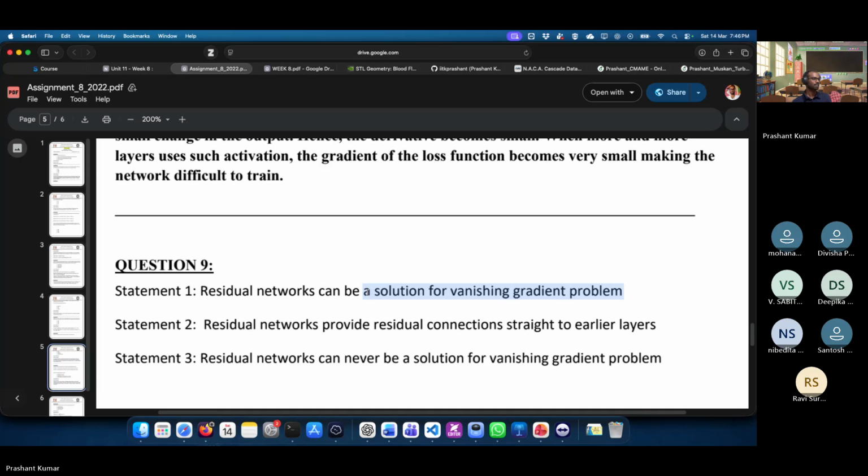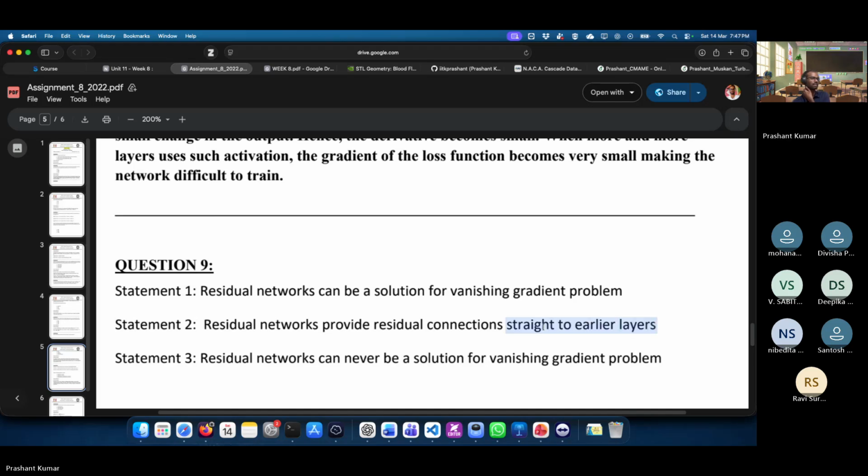Second: the residual network provides residual connections straight to earlier layers. Does it mean that CNN has a vanishing gradient problem? Yes, that is one of the drawbacks of CNN, and that's why the residual layer comes into the picture and eliminates the vanishing gradient problem.